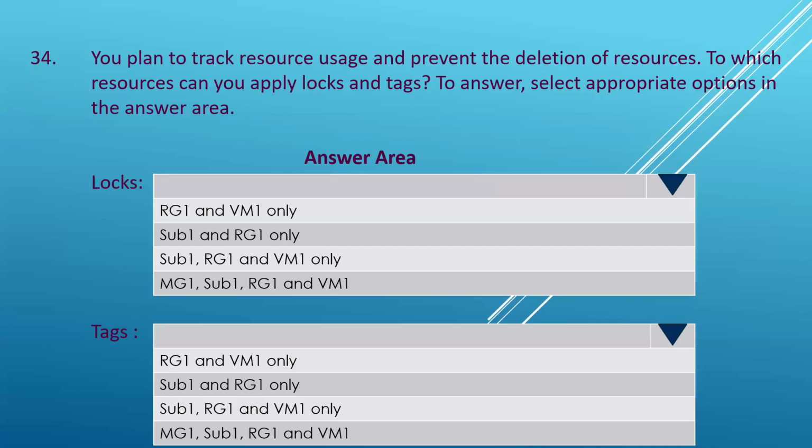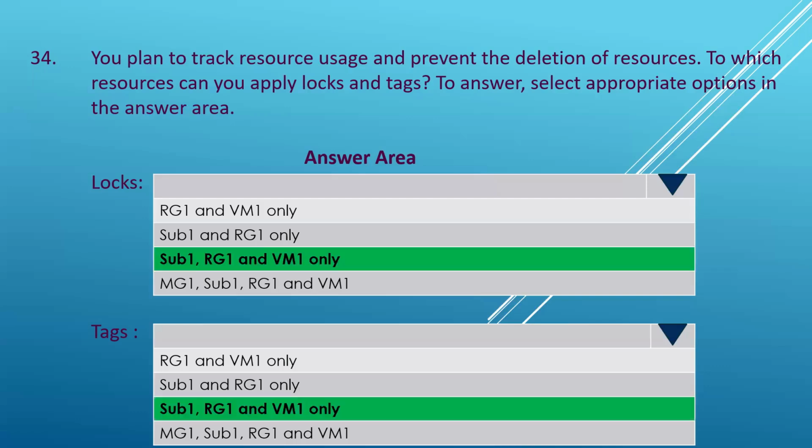So if there are full forms that are not defined in the questions, these are generic terms which you should be across when dealing with Azure. Similarly, for tags, these are the same options that are available. So you need to choose which are the right options, basically to which resources you can apply locks and tags.